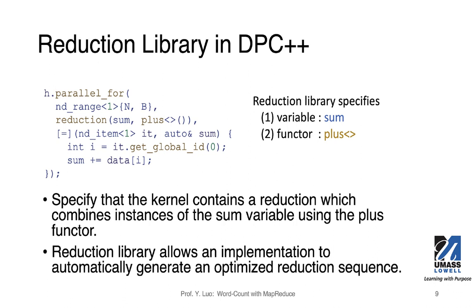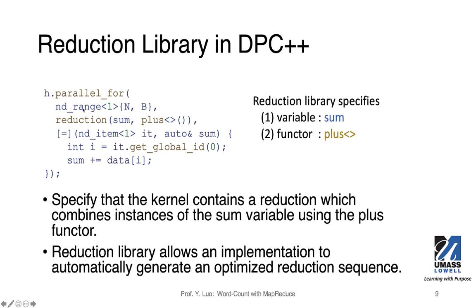So what we see on the left side is a typical parallel_for kernel, and this parallel_for kernel takes a lambda function. Before we define the lambda function, we declare an nd_range variable, and this nd_range variable has a one-dimensional range, and the first number is the number of total work items, and B is the number of work items in a work group.